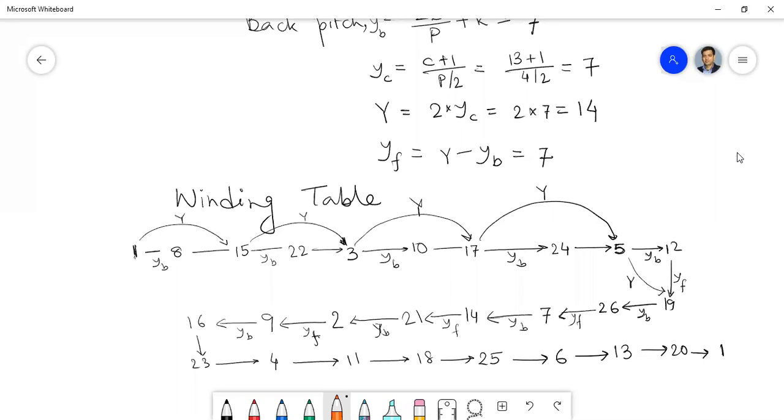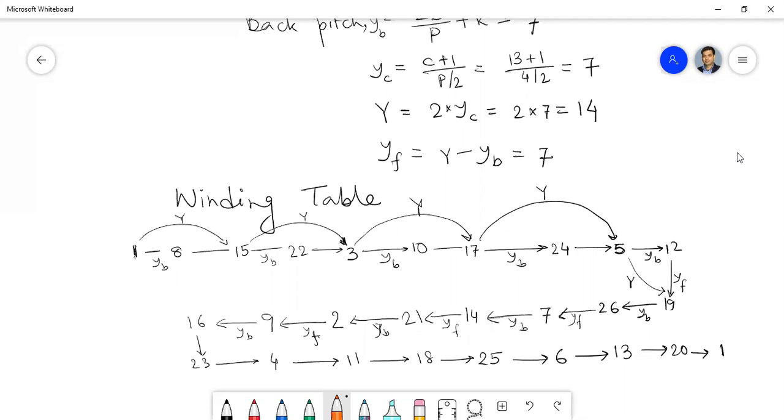Now, if there is some mismatch in the poles, it is not possible to make all the 4 poles or 6 poles exactly similar. How this mismatch can come, I can discuss later, but it is not possible to make all the parameters of the poles exactly the same. So there can be some mismatch in the north poles and south poles.